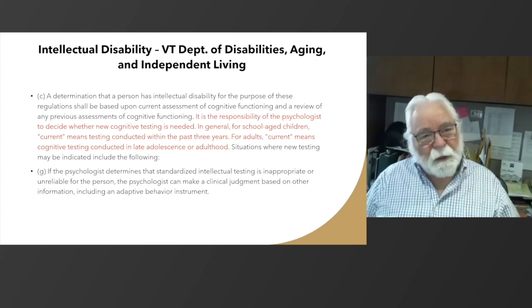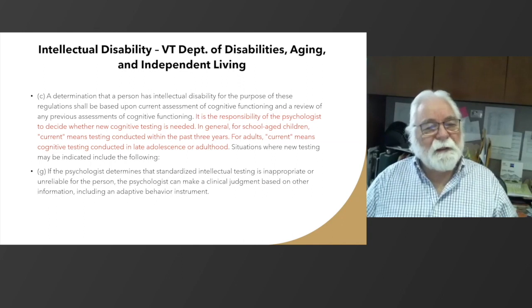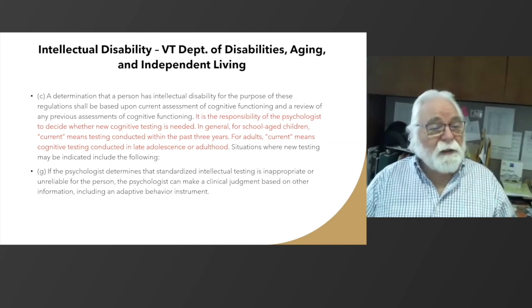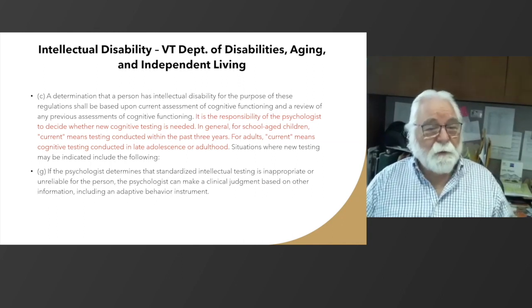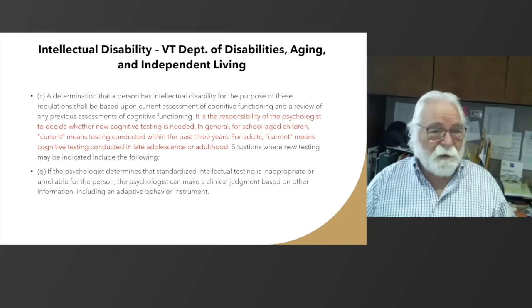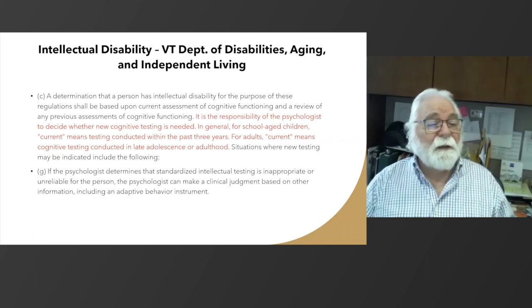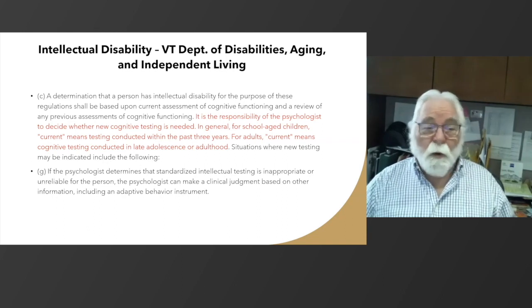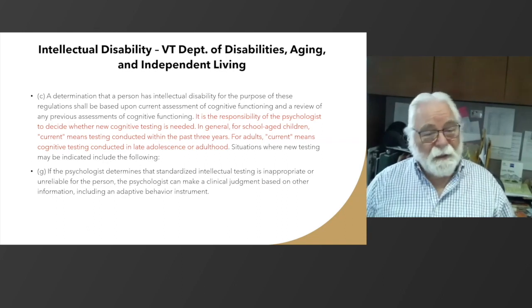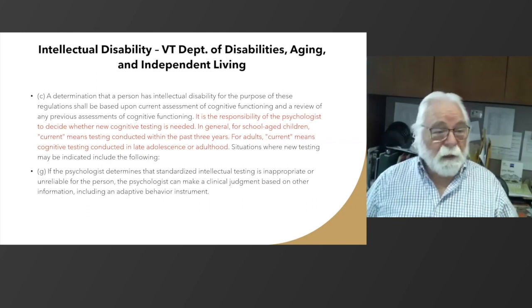And the rules tell us here that in general, for school age children, current means conducted within the past 3 years. That's consistent with special ed regs. But for adults, which we're talking about high school students, current means cognitive testing conducted late in adolescence or adulthood. And so there's no 1 year time frame here. It's just whether or not it happened while they were in high school.